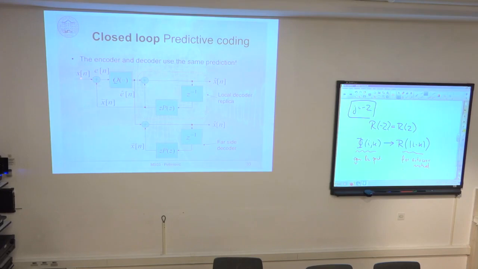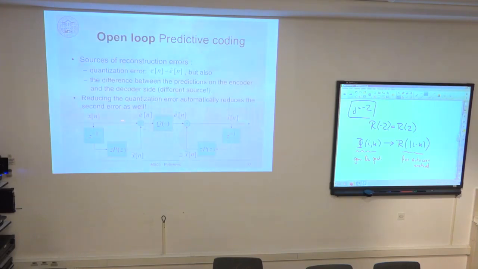I have the original signal, but I do not do the prediction from x of n. I do the prediction from x hat of n. How? Let's assume that x tilde of n is the prediction. This prediction is not computed from x of n as was the case for open loop.